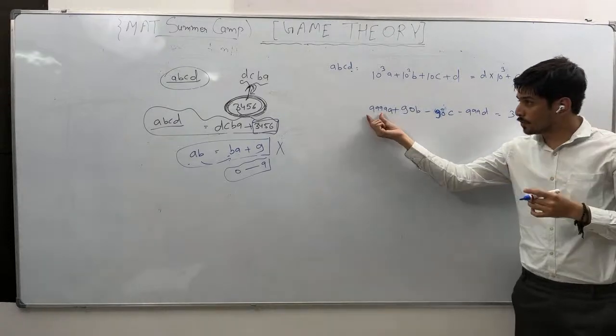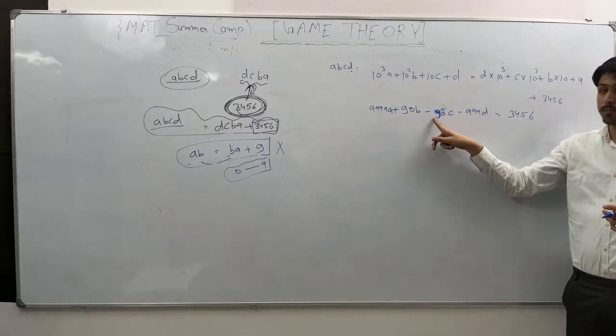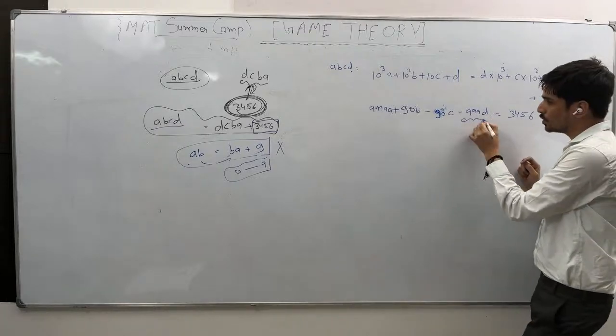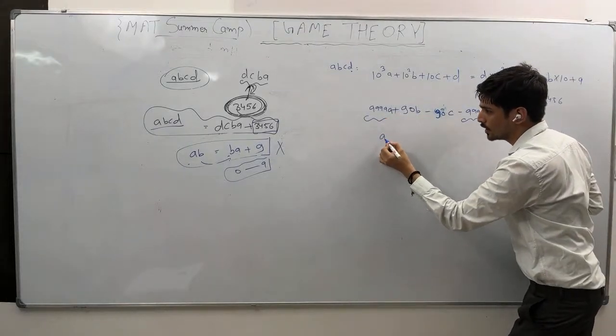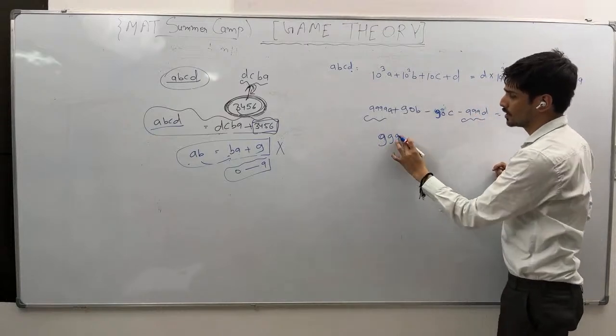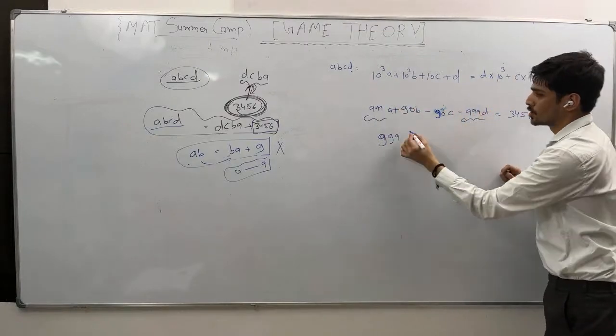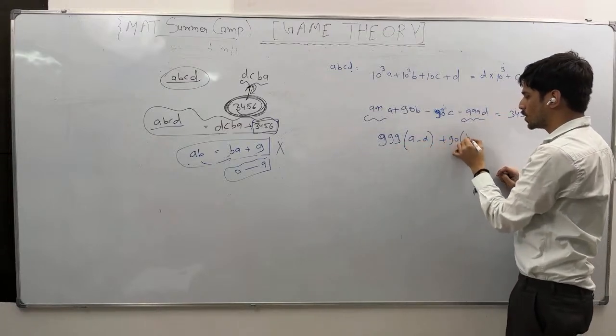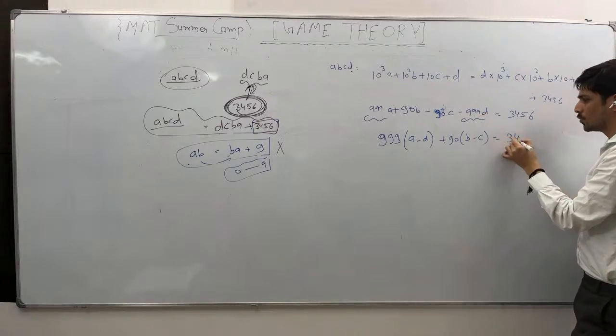You see, 999A plus 90B minus 90C minus 999D. Okay, so first of all you will take 999 common from here, so 999 times A minus D. From here you will take 90 common, B minus C, equal to 3456.